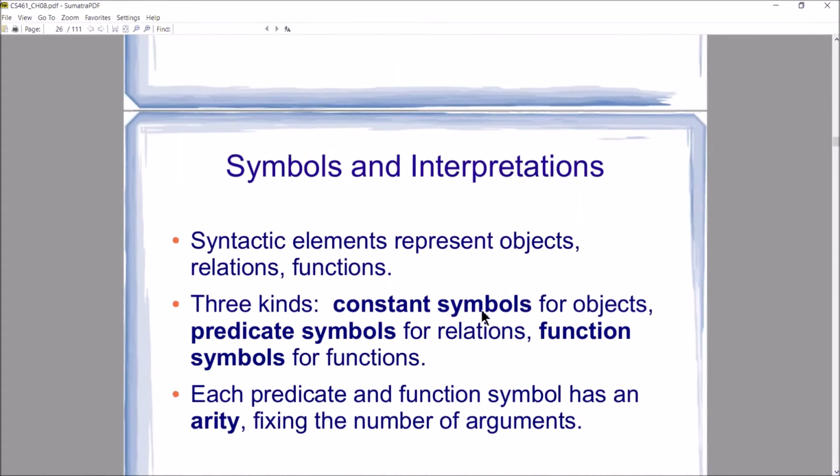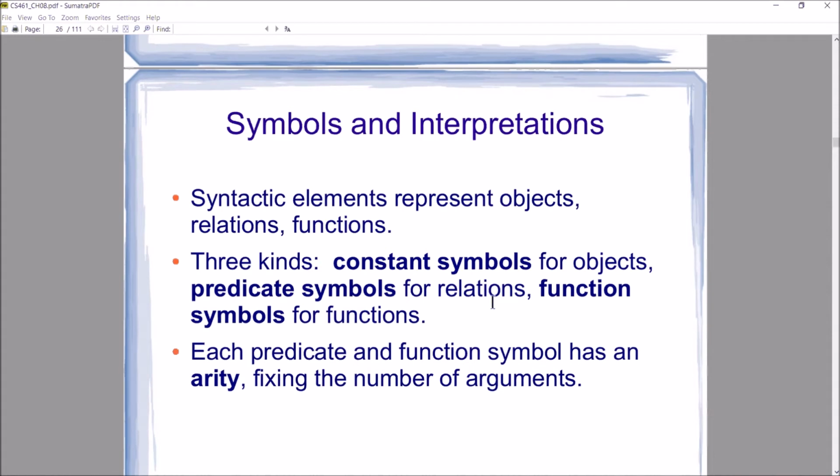All right, so let's talk about symbols and interpretations. In first order logic, you've got three basic syntactic elements, right? So three different pieces. And these things are going to represent objects, relations, and functions, right? So constant symbols are for objects, predicate symbols represent relations, and then function symbols represent functions. Now, in addition, we can talk about having an arity, right?